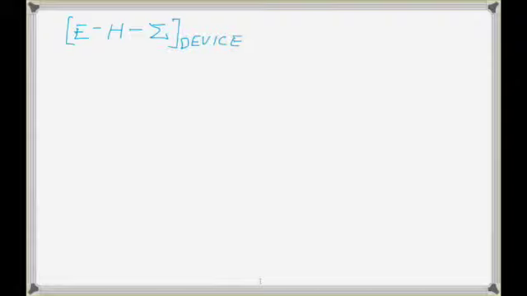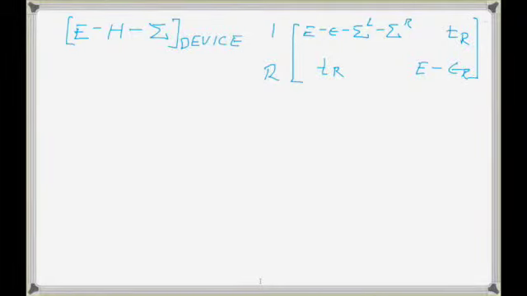But only node 1 couples to the lead, so the 1,1 element is E minus epsilon minus sigma left minus sigma right, and then node 1 couples to node R with TR, and the R,R element is E minus epsilon R. Inverse.